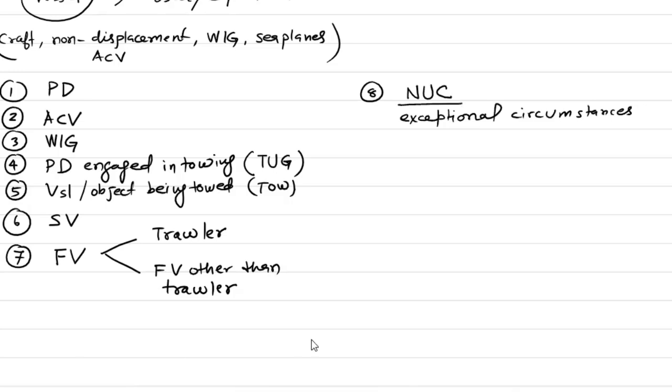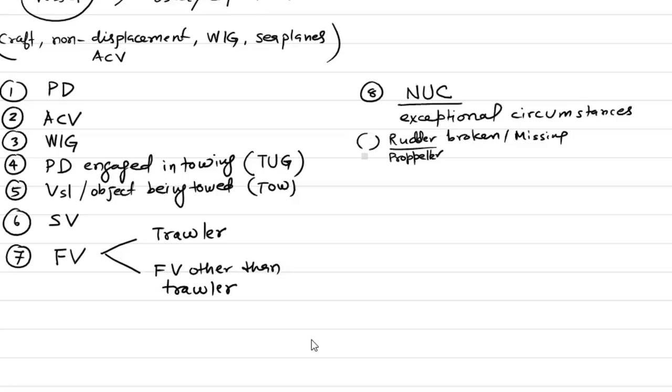So some examples: steering failure, rudder failure, extreme bad weather. Yes. Right. So rudder broken or missing. These are some exceptional circumstances. Similarly, propeller broken or missing.